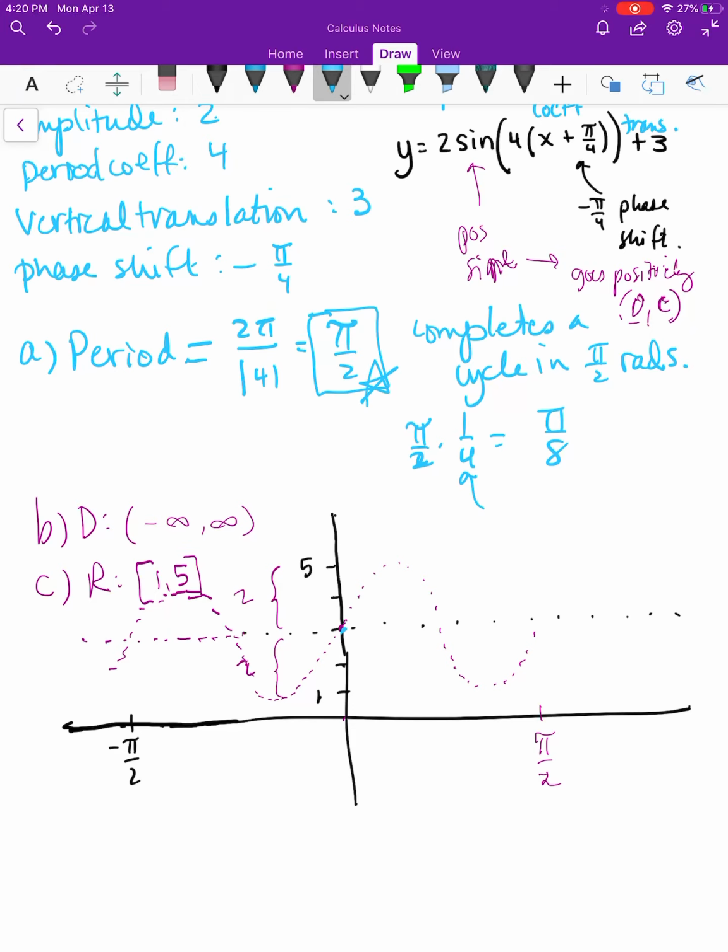So what we do have is this point right here is going to get shifted pi over 4 to the left. And pi over 4 is halfway here, right? So halfway between, if I multiplied negative pi over 2 by 1/2, I get negative pi over 4. So it's halfway. Therefore, this is where I want my 0 to be.